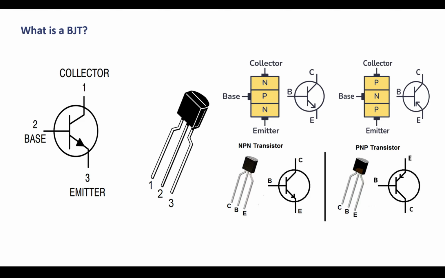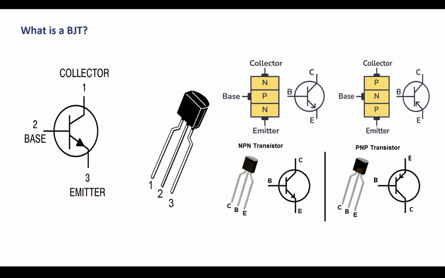Now, the difference between the MOSFET and BJT is that the middle pin, which is also a control pin, is directly connected to the semiconductor in the middle of the whole transistor. Before in MOSFET, it was isolated. Now, it is connected.